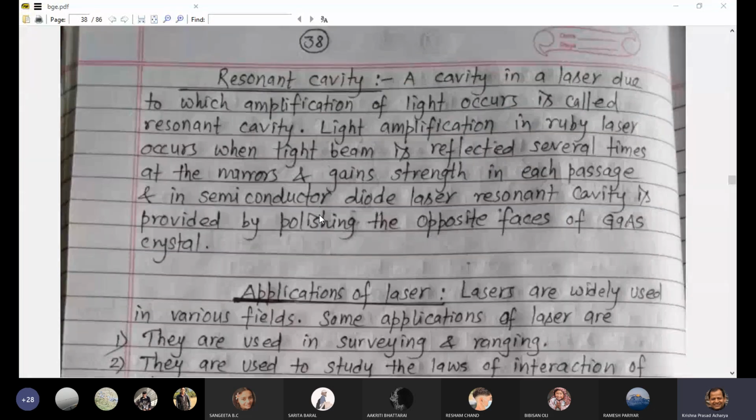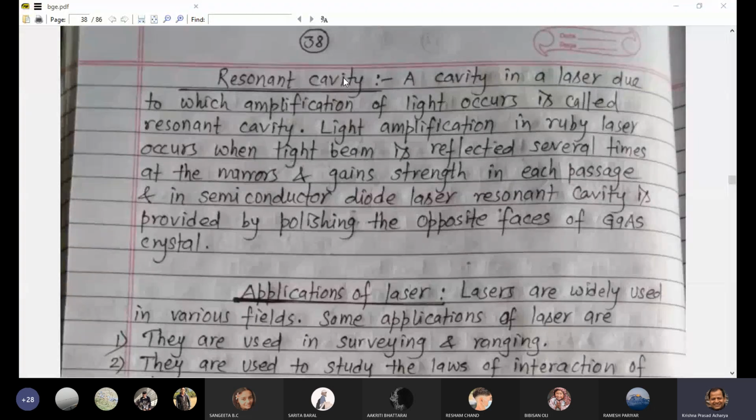Now what is resonant cavity? Resonant cavity is a cavity used for amplification. A cavity in a laser due to which amplification of light occurs. To produce laser light, light amplification must happen. In LASER, the principle is light amplification by stimulated emission of radiation. So the cavity we use for amplification is called resonant cavity.